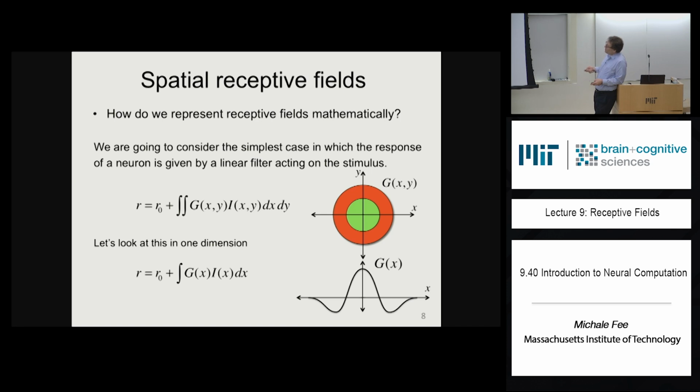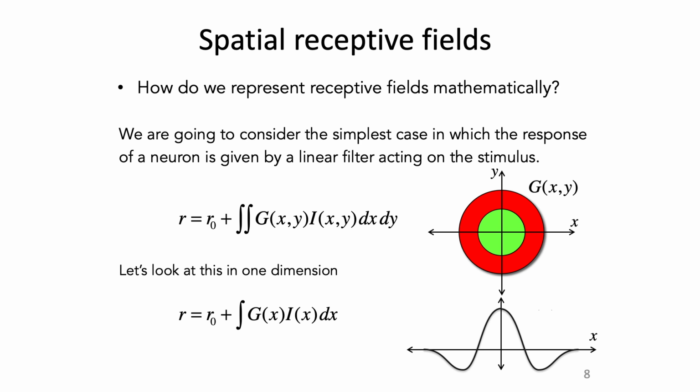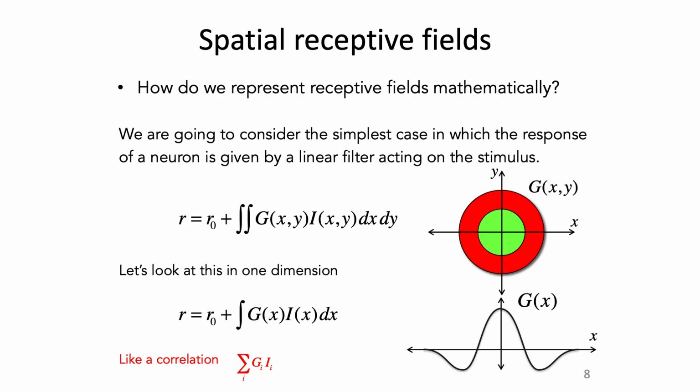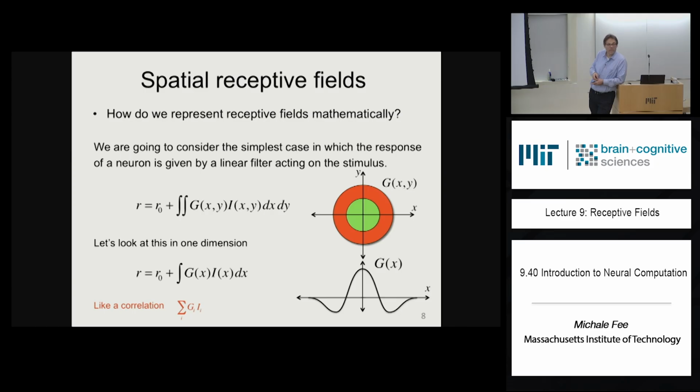So in one dimension, we take this receptive field G, multiply it by the stimulus pattern, and integrate over position. That is the L, the output of the linear filter. We add that to a spontaneous firing rate, and that gives us the firing rate of our neuron. You can see that this product and integral over x is just like a correlation: G of i times intensity of i, summed over i.